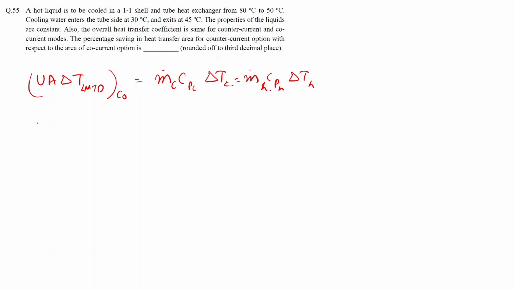Now similarly, for the counter current flow, we can write it as UA delta T LMTD for counter current is equal to, now the heat exchange will remain the same as the co-current flow because the mass flow rate is same, Cp will remain same, and delta Tc, that is the temperature difference of the cold fluid, will be same as the previous one.